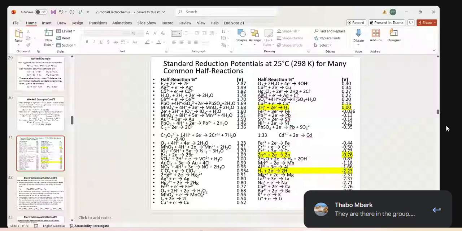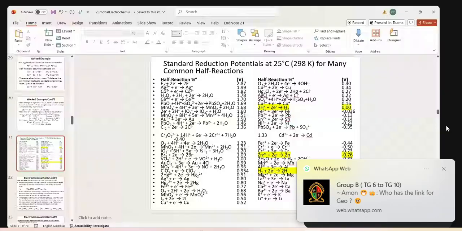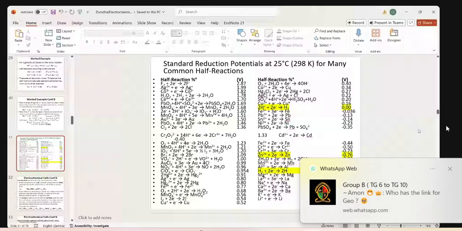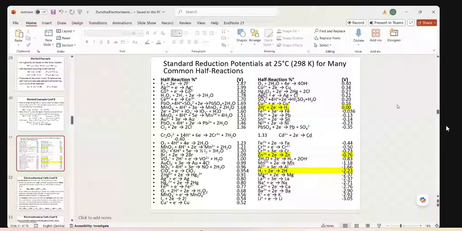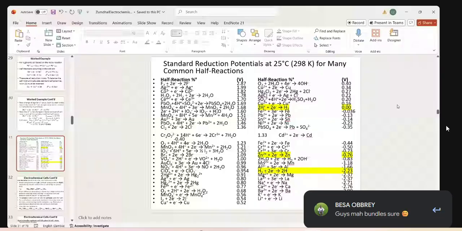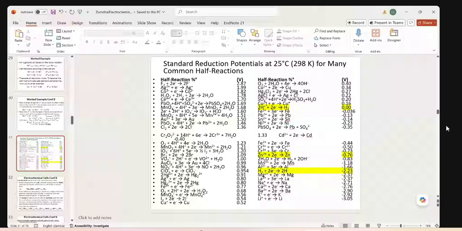Copper and hydrogen. So where is copper? Right on top of hydrogen. Okay, so we have copper. So the reduction potential is 0.16, right? Volts. Then hydrogen, it's 0.00, right?